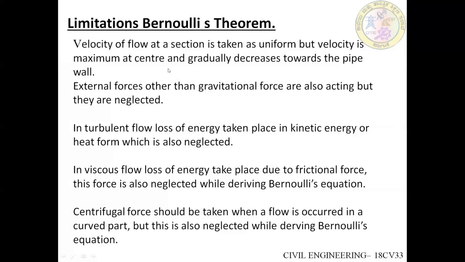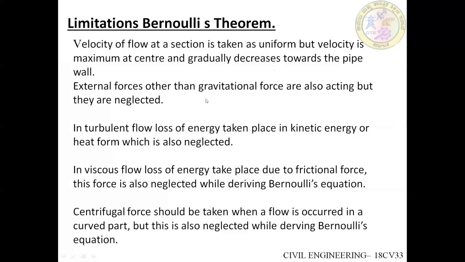If we consider the velocity of flow at a section, it is taken as uniform while deriving Bernoulli's theorem, but the velocity is maximum at the center and decreases towards the pipe wall. So this is one of the limitations.